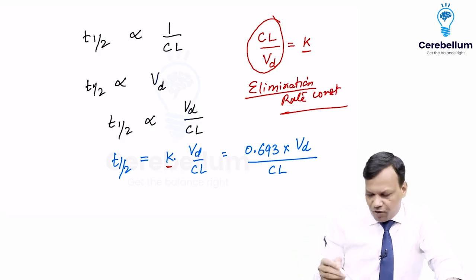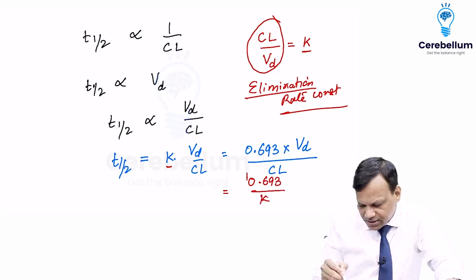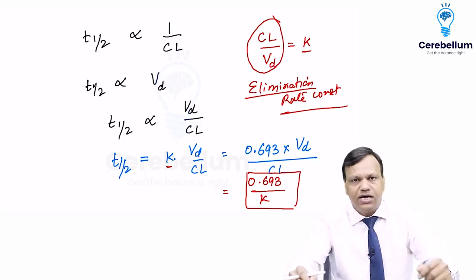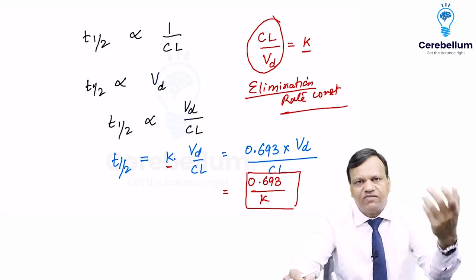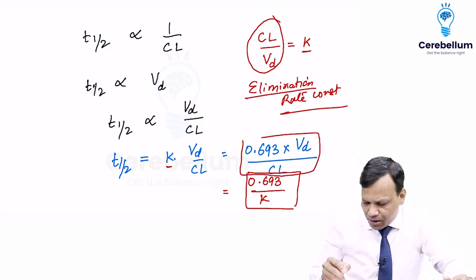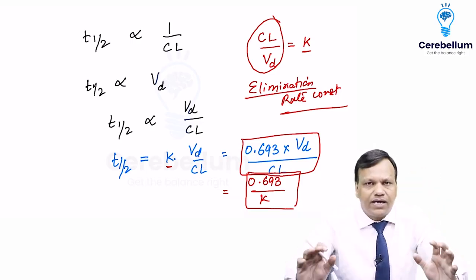So if we put this here, the formula of half-life will become 0.693 by k. It's even very easy. Sometimes they give the value of the elimination rate constant and ask you to calculate the half-life. So simply 0.693 divided by k. Okay. So two formulas of half-life you need to remember: 0.693 into Vd by clearance or 0.693 by k.